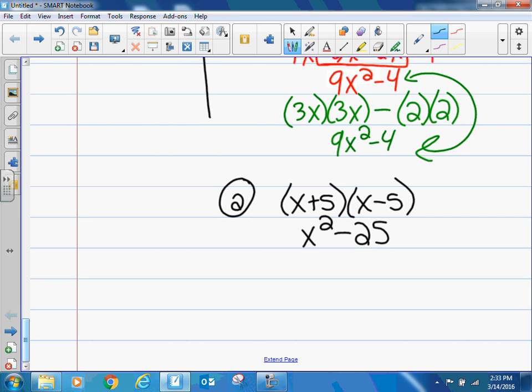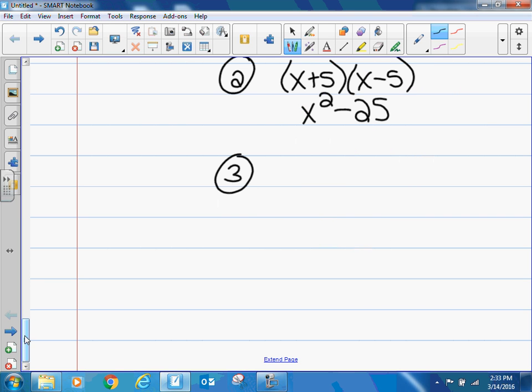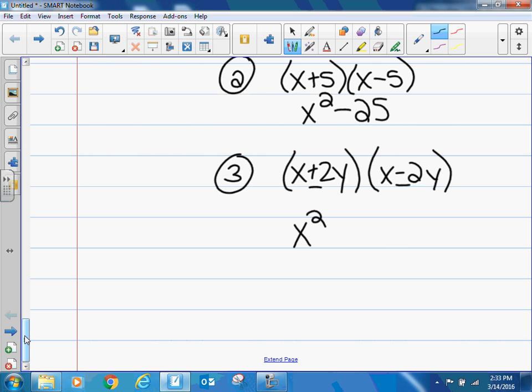One last example of this, which you will see, x plus 2y times x minus 2y. Again, it is still the sum and difference, so I'm going to square my x. x squared is just x squared, minus, now I have to square 2y. Remember, it's like saying 2y squared. You have to distribute this in. So 2 squared is 4, and y squared is y squared. So you're left with x squared minus 4y squared.